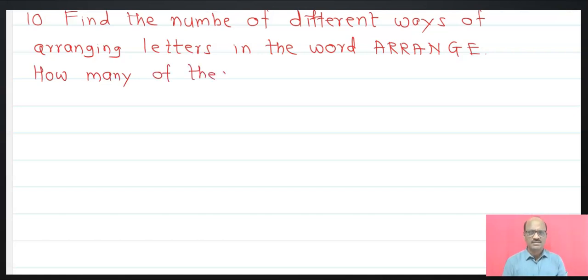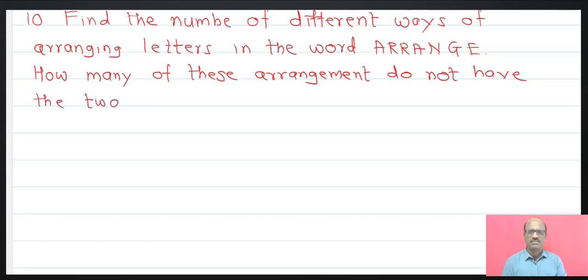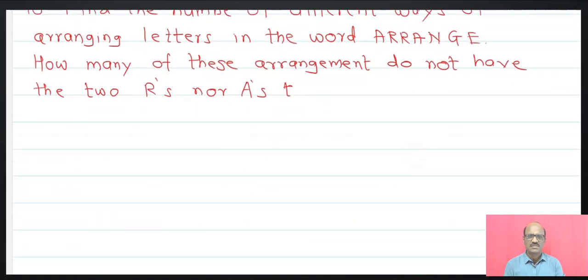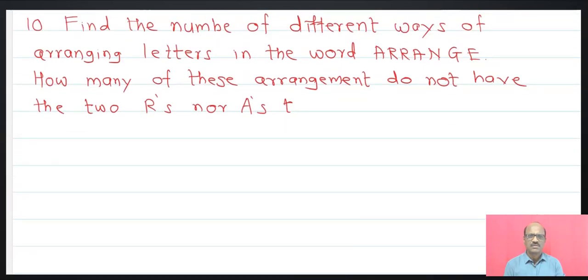How many of these arrangements do not have the two R's nor the two A's together?